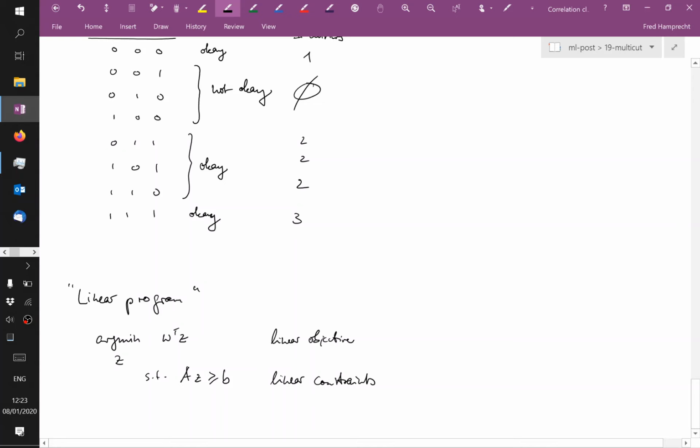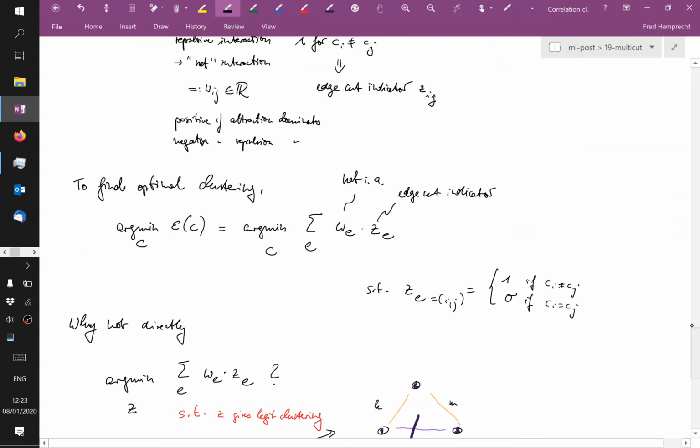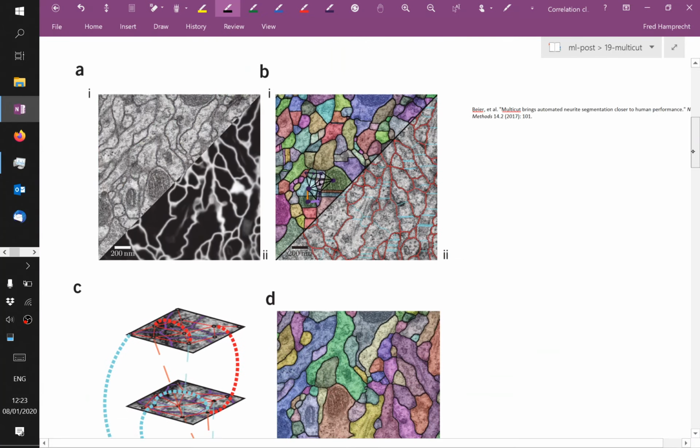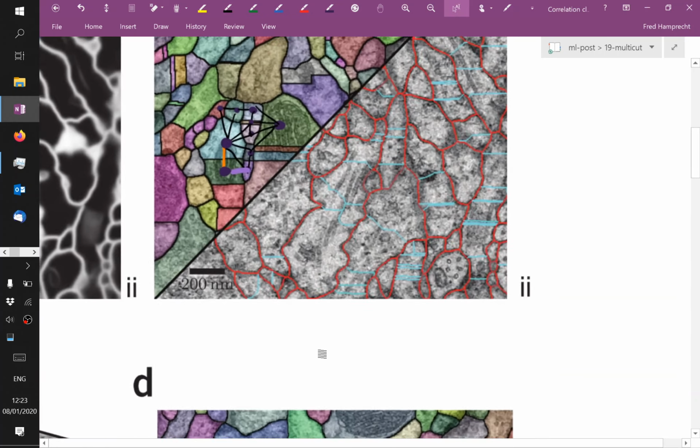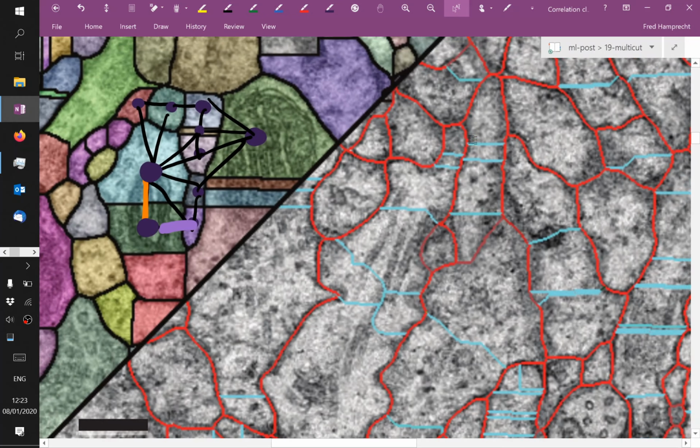Z is what we're looking for. W we have from some oracle. This was another one of the questions in the break. Where do I get the W's from? Let me scroll back up here. We get the W's from training a machine learning method, for example, by presenting ground truth like in this shape, and then this regression method, let's say a neural network, has learned to make a prediction for each of these boundaries if it should be preserved or not, or in terms of the graph, if this edge should be cut or not.